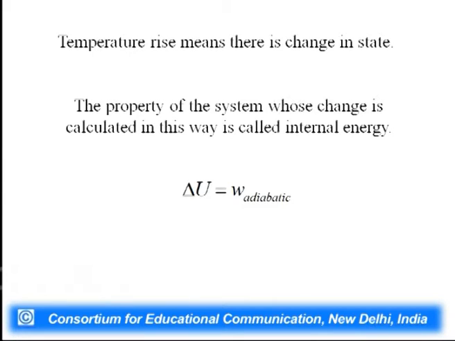So, the property of the system whose change is calculated in this way is called internal energy. And in this case, delta U is equal to W adiabatic. You must remember that we have taken an adiabatic system, it means Q is equal to 0. In that case, delta U is equal to W adiabatic.